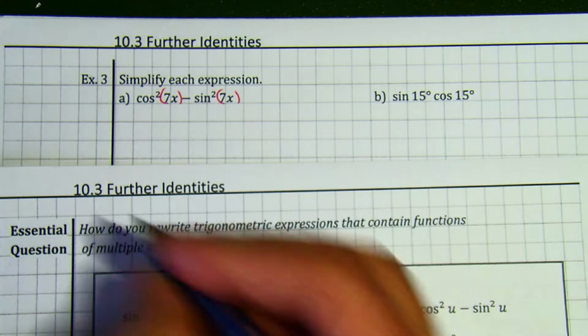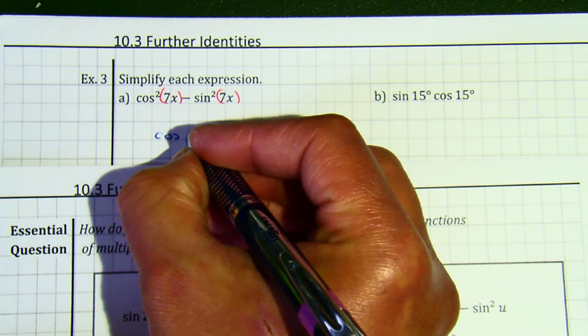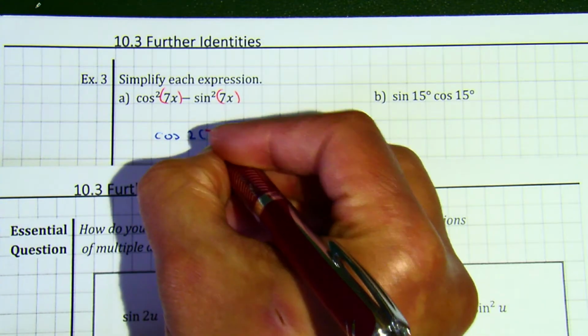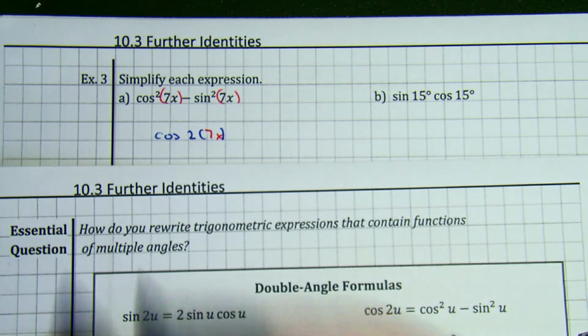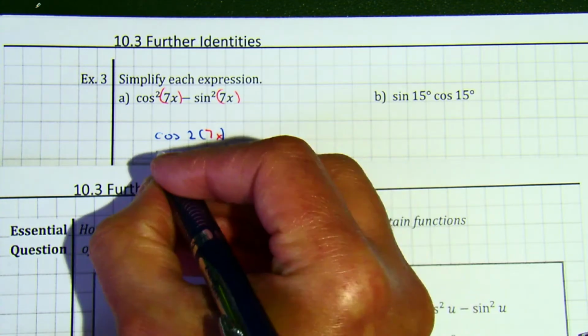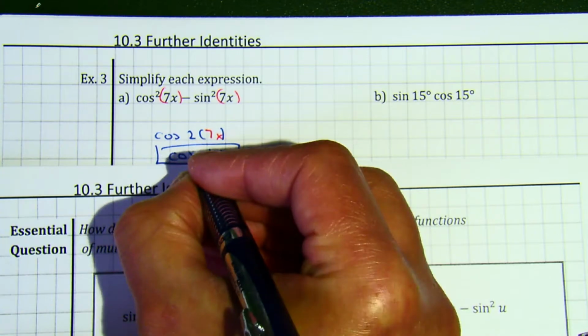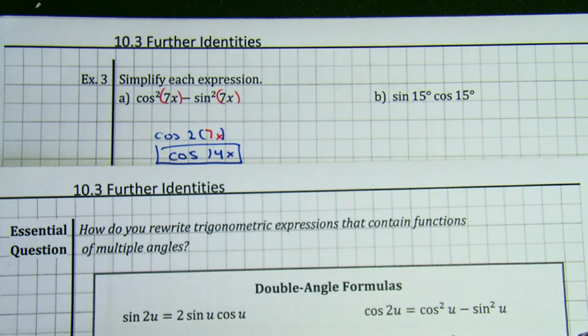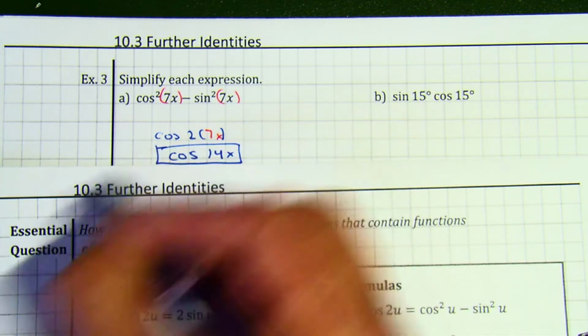So therefore, that is equal to the cosine of 2u, where u is 7x. So therefore, that is the cosine of 14x. Those two expressions are equivalent.